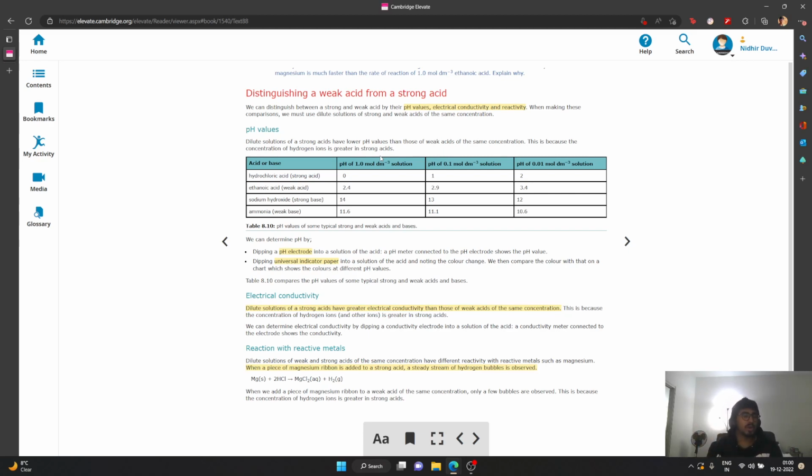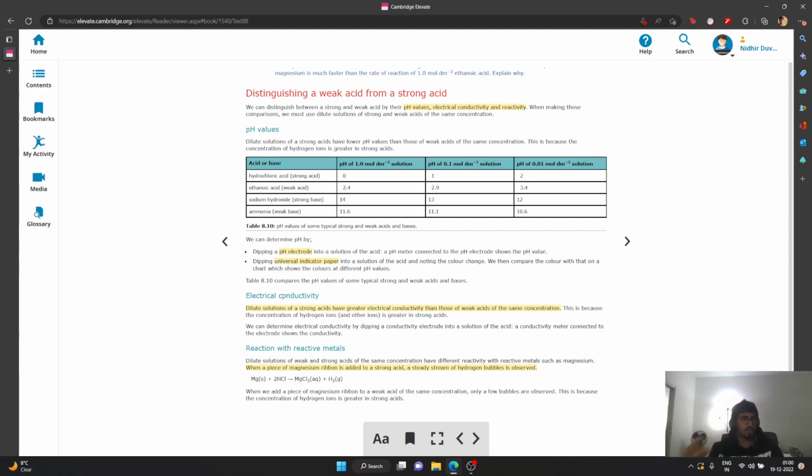The other thing you can do is measure electrical conductivity. Because strong acid solutions have a lot of dissociation, a lot of hydronium ions are formed. So they will always have high conductivity compared to weaker acids, which are partially dissociated. There are fewer ions, so they have poorer conductivity.